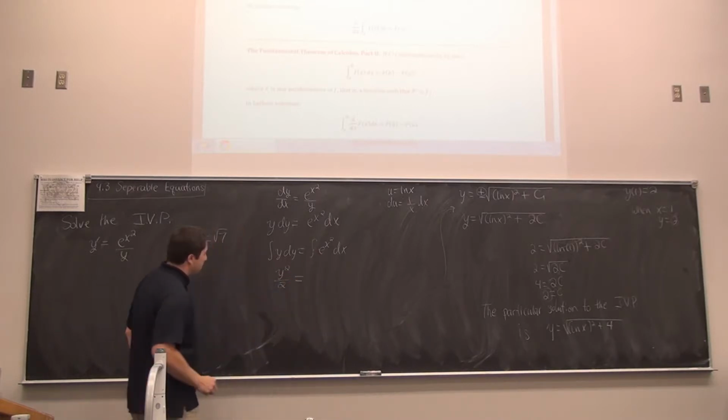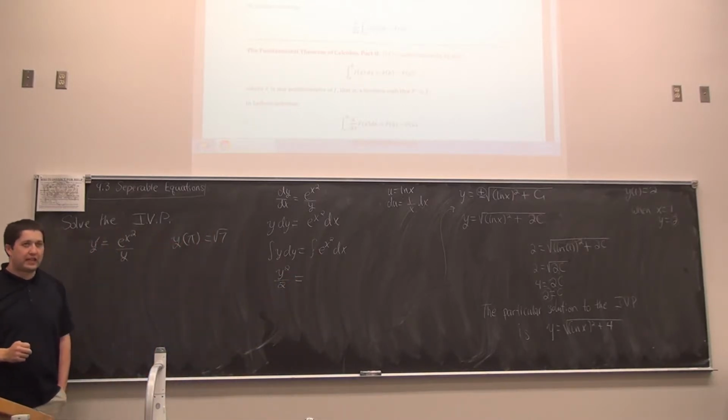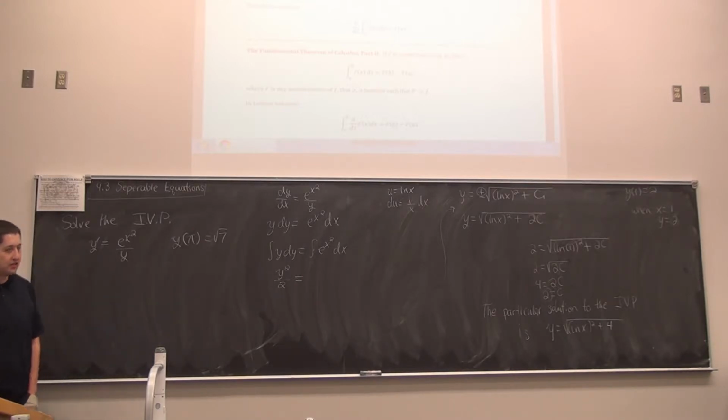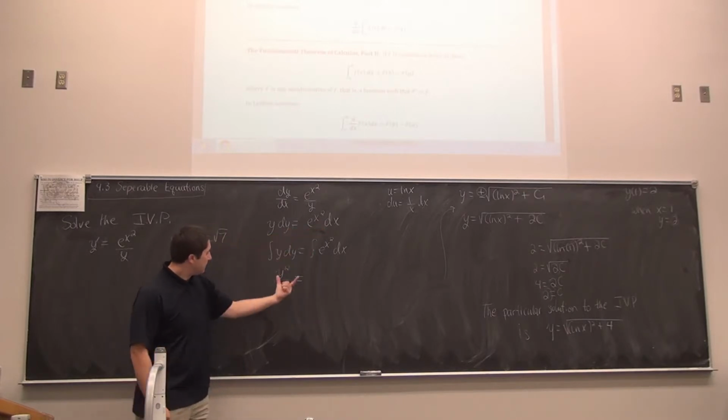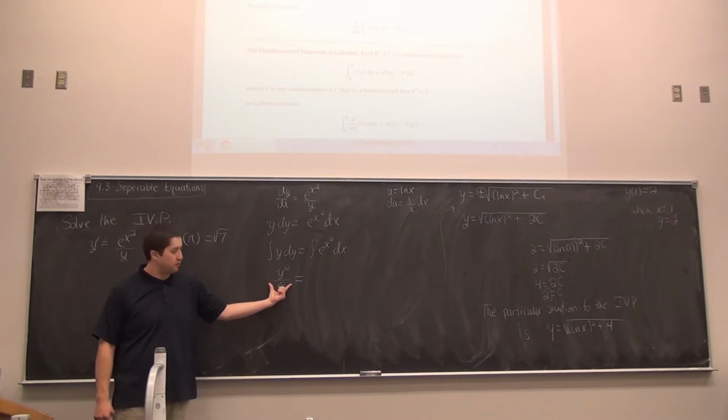This is the problem. The antiderivative of e to the x squared: does anyone know any interesting facts about that particular antiderivative? One terrible fact that our author talks about in this book is that if you seek a closed form solution to the antiderivative of e to the x squared, you'll find it's actually impossible.